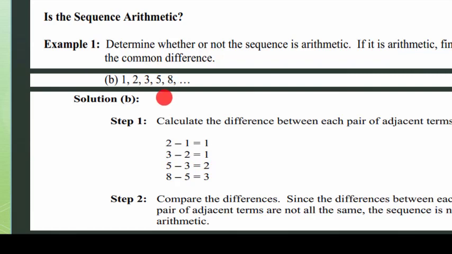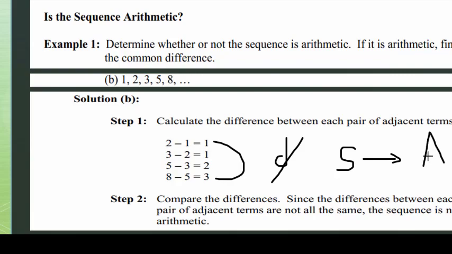And 8 minus 5 is equal to 3. So the difference between the terms is not constant. So we have no D. And this sequence is not arithmetic.